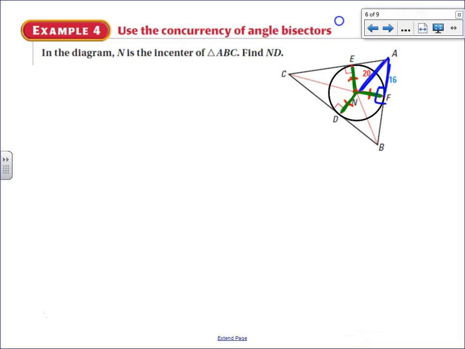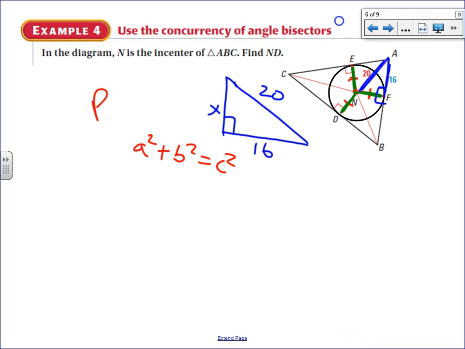So I have a right triangle where I know the hypotenuse and I know one of the legs. I just need to find the other leg. Well, I wonder how I can figure that out. Well, I think I learned one time that a squared plus b squared equals c squared. I believe we call that the Pythagorean theorem.